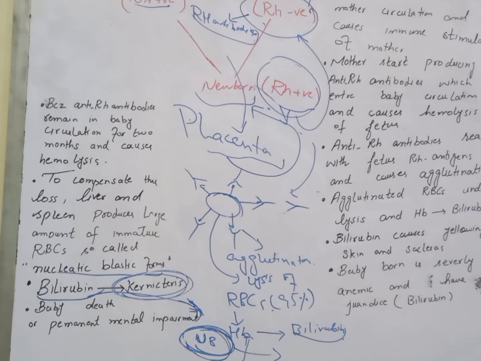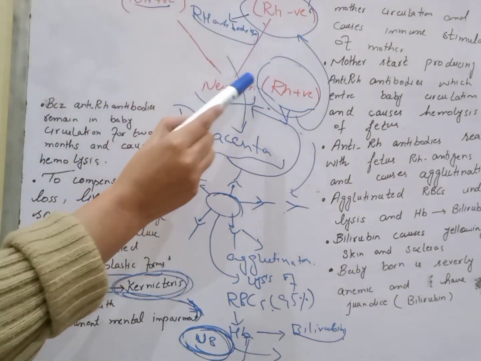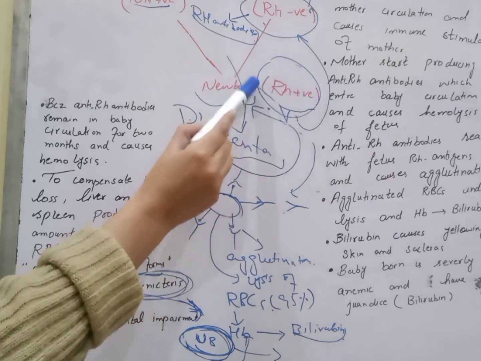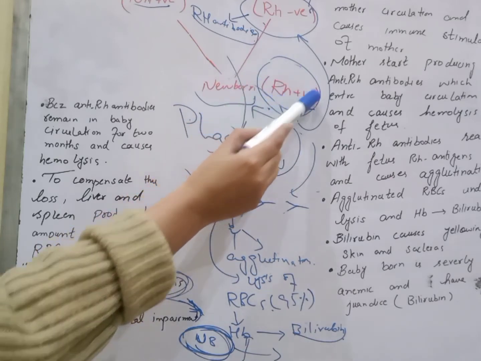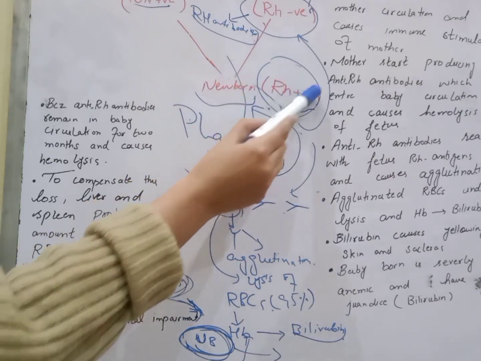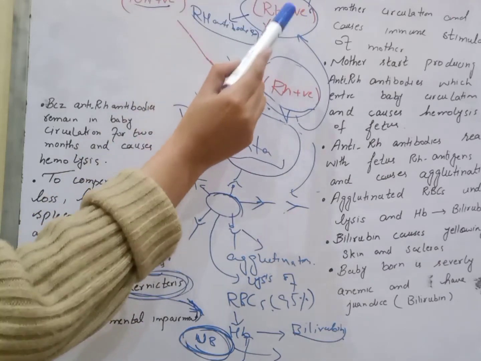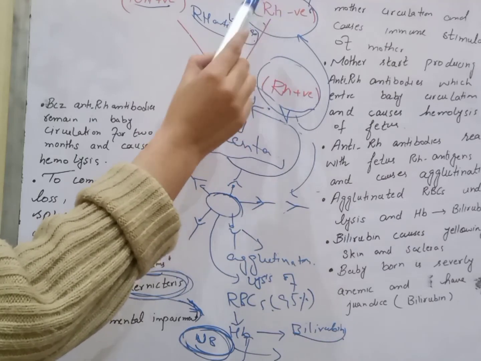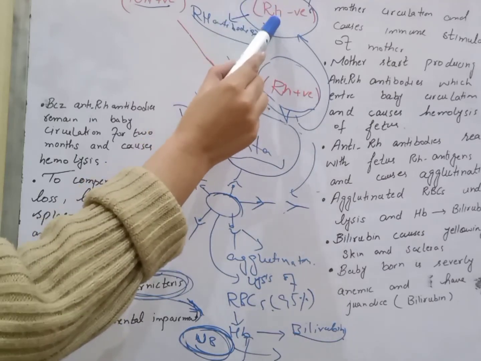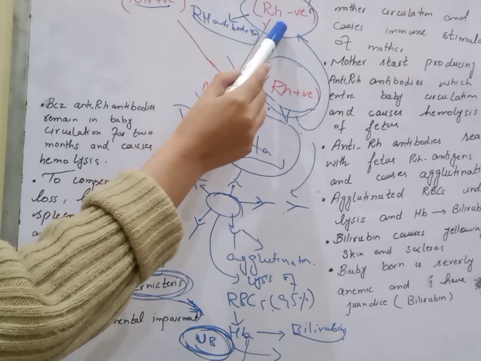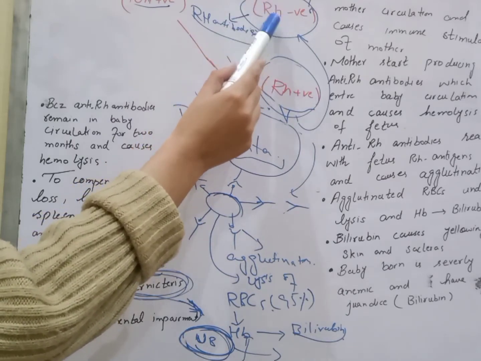Now once again I'm going to repeat it. The Rh antigen, which is present on the RBCs of the newborn, passes through the placenta and gets entry into the mother's circulation. On entry into the mother's circulation, the immune response will be stimulated and it will produce Rh antibodies.